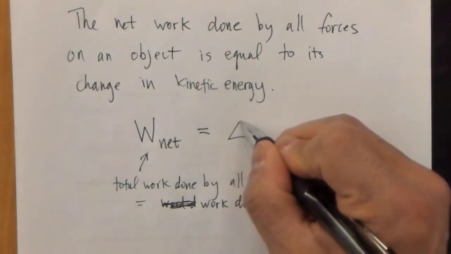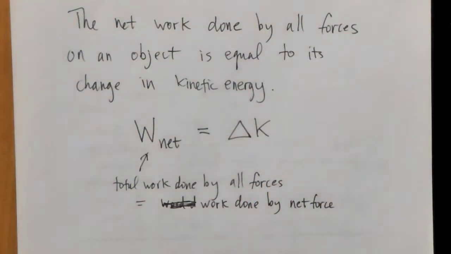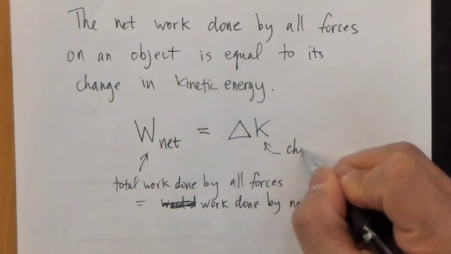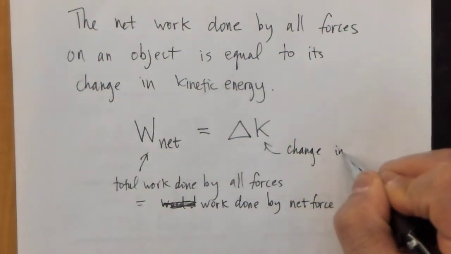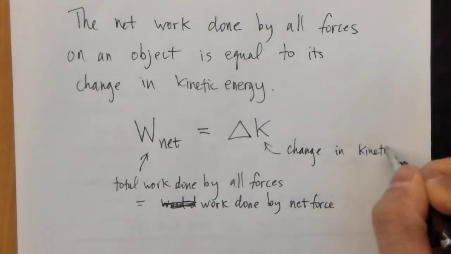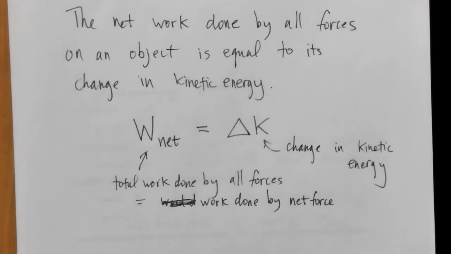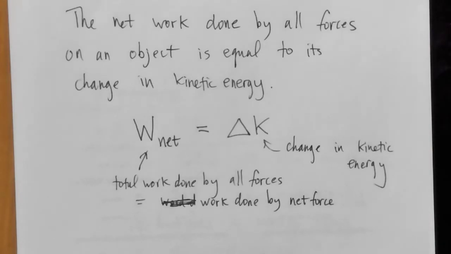And the formula is that it's equal to the change in the kinetic energy. So this delta means the change. So we have the change in kinetic energy. All right. Any questions about this? So what it's saying is, suppose with my hand, I'm accelerating this pen. I'm throwing it.